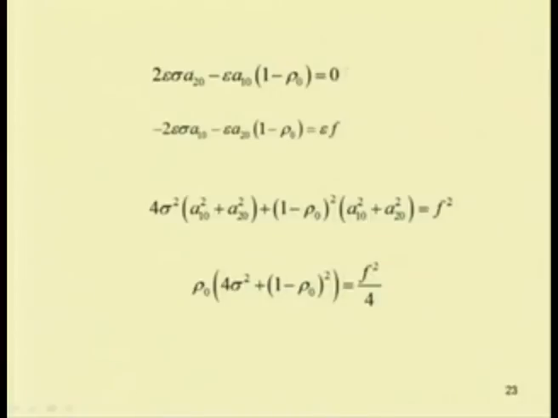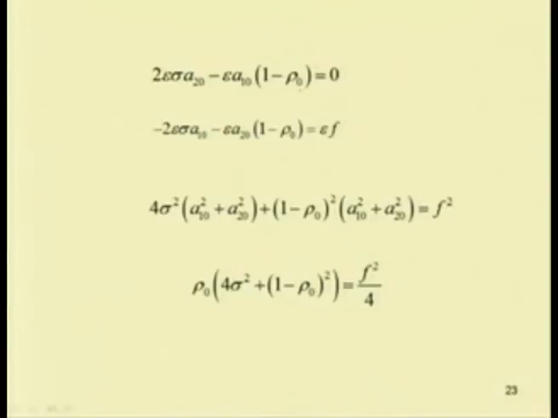Now, by squaring these two equations and adding, so by squaring this, it becomes 4 epsilon square sigma square A20 square minus 2 into 2 epsilon sigma A20 into epsilon A10 into 1 minus rho 0 plus epsilon square A10 square into 1 minus rho whole square.